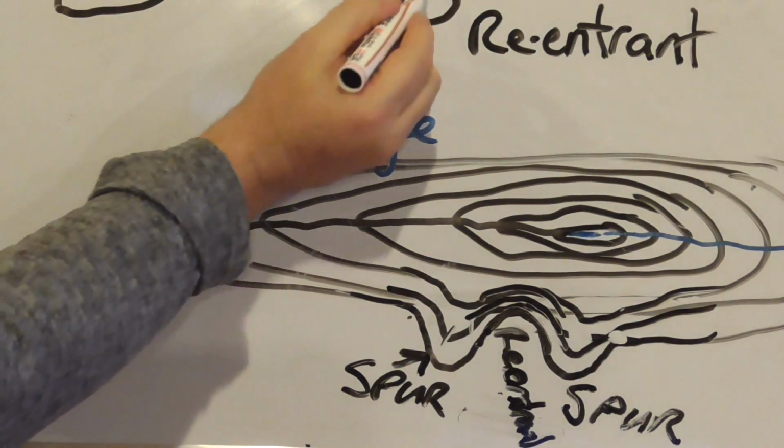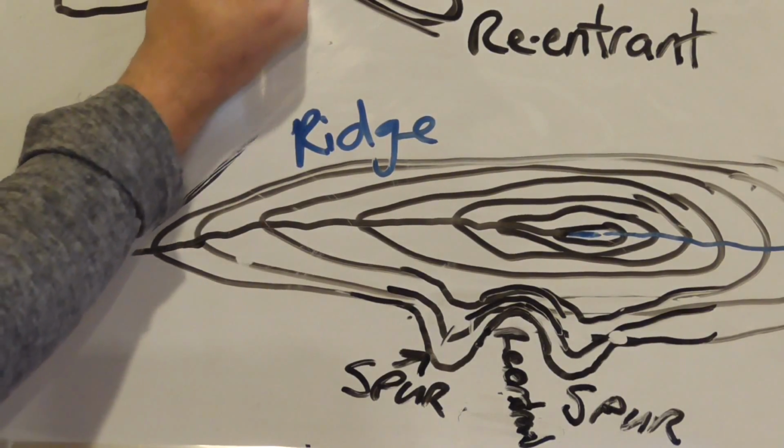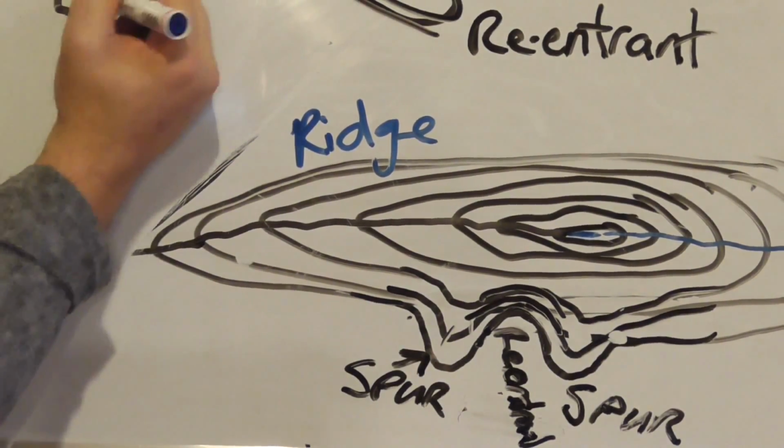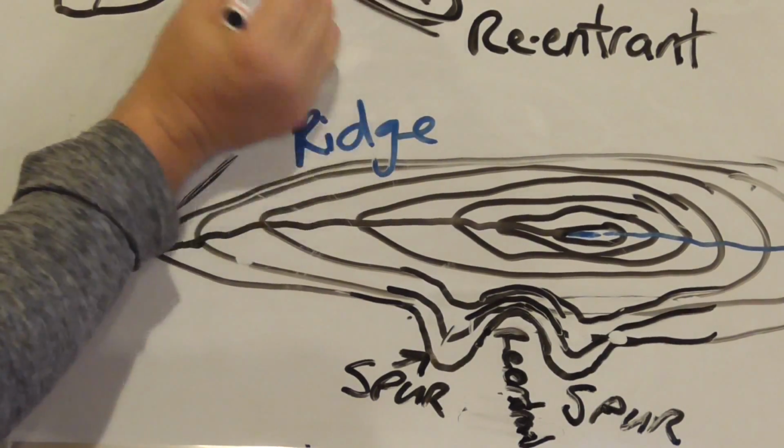So imagine that's our one spur, and the hill's sort of coming down like this, and another one's coming down like that.